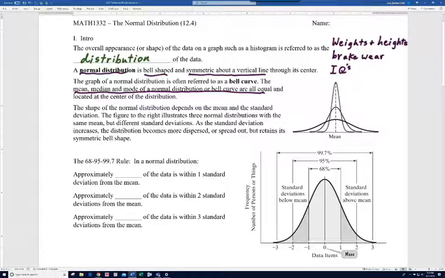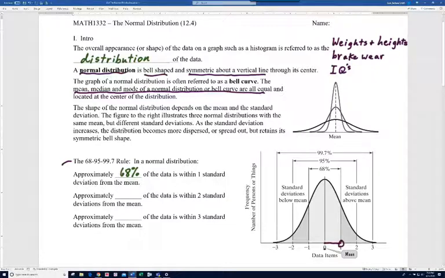All right, so down below here it says the 68, 95, 99.7 rule in a normal distribution. Well, it turns out there's some interesting facts here. 68% of the data is within one standard deviation from the mean. So one standard deviation above the mean, well, the mean is right here. One standard deviation above the mean would be this value right here, whatever that is.